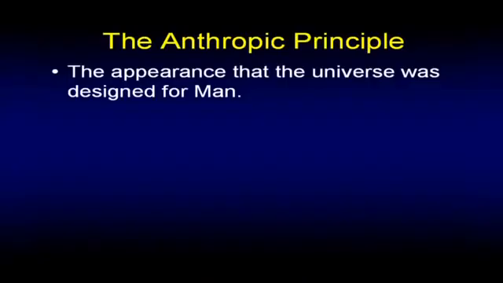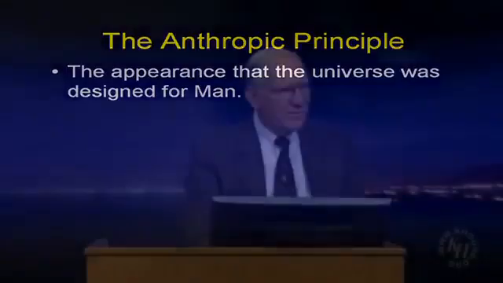The appearance given is that the whole universe seems to have been designed specifically for man. Now, those who have read the Bible say, no kidding, Dick Tracy. But the point is, this is a great insight. If you got a PhD from MIT or wherever, that's a remarkable insight for you.